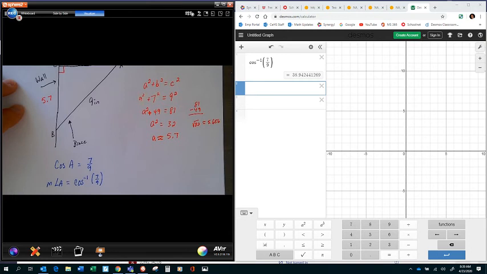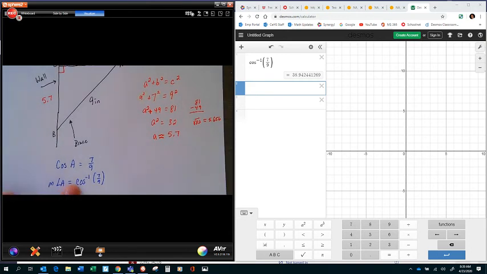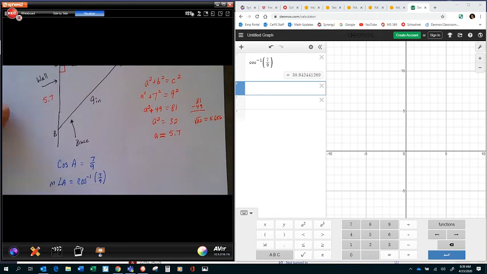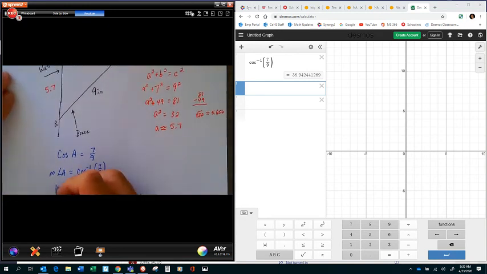And using Desmos, plugging the inverse cosine in for this right here, I get 38.9, and rounding it to the nearest degree, the measure of angle A is going to be approximately equal to 39 degrees.